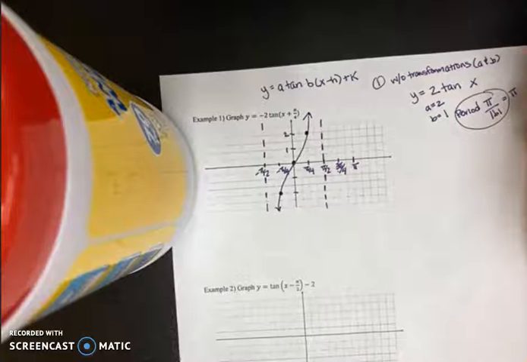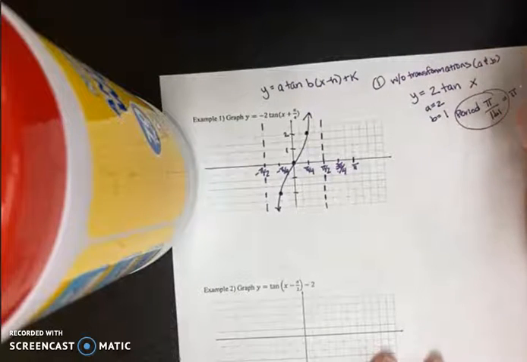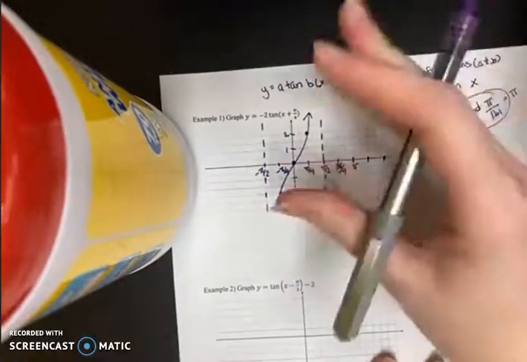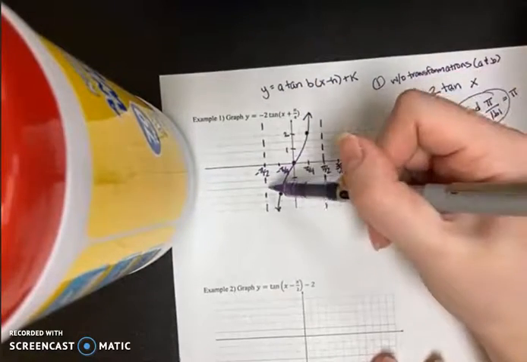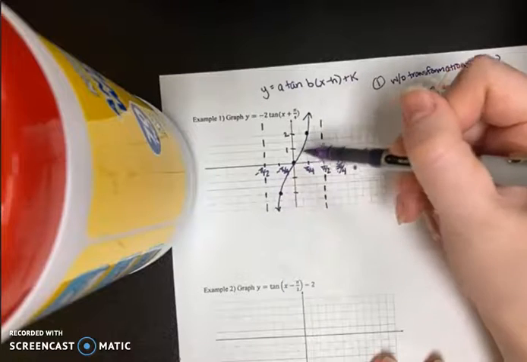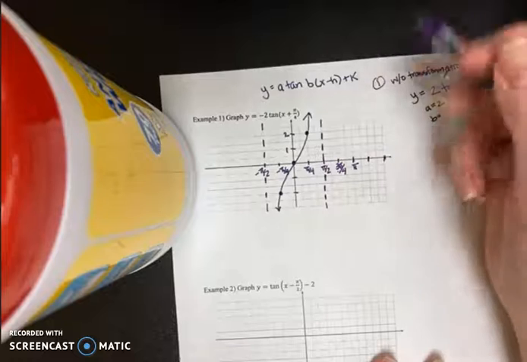That's just one cycle of tangent. If I wanted to draw another cycle, I just would keep repeating the pattern. So you can extend whatever side you want. The pattern is asymptote, coordinate below, x-intercept, coordinate above, asymptote. So let's do that again.